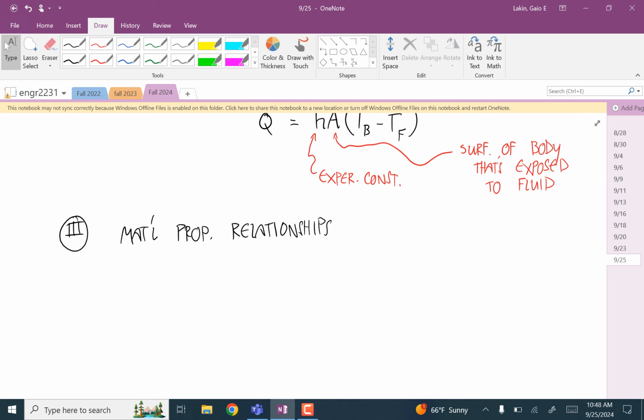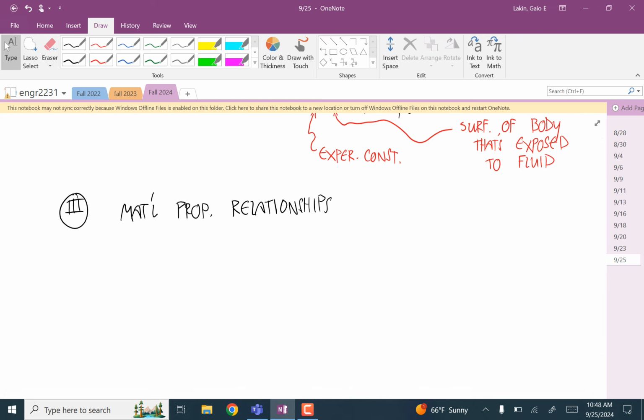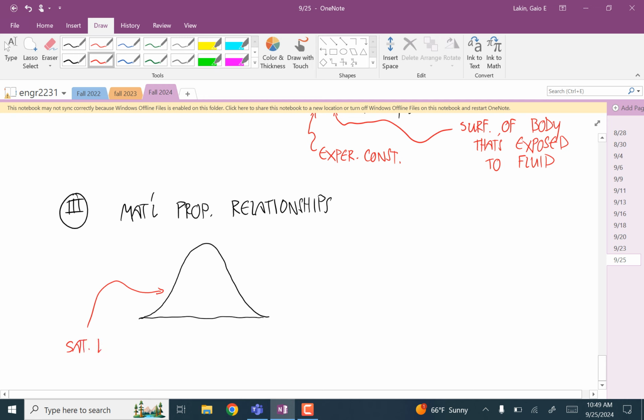So remember that, I think really all you have to remember at this point is in the vapor dome, this side is a saturated liquid.